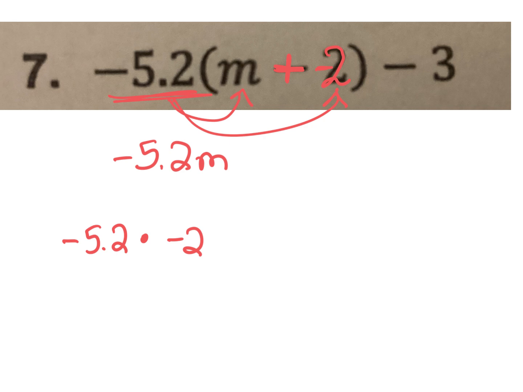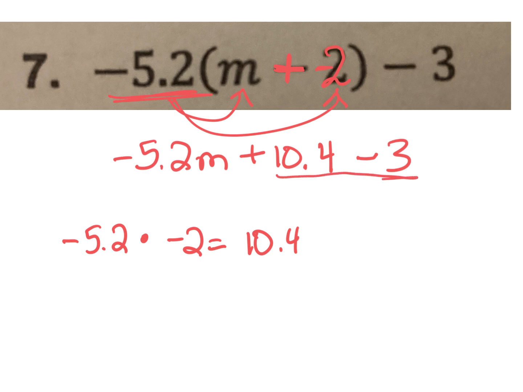And a negative times a negative always gets me a positive, so that's going to get me a positive 10.4. So I add 10.4, and then minus 3. Okay, so now I have, if I look at just this problem, 10.4 minus 3, those are two constants. I put those together.